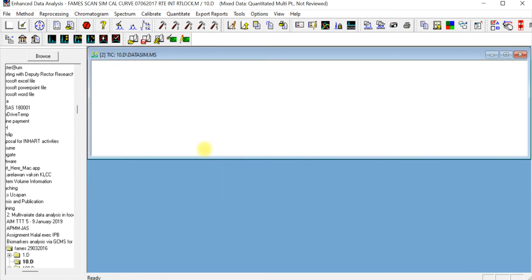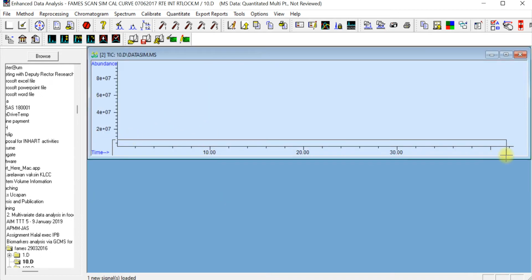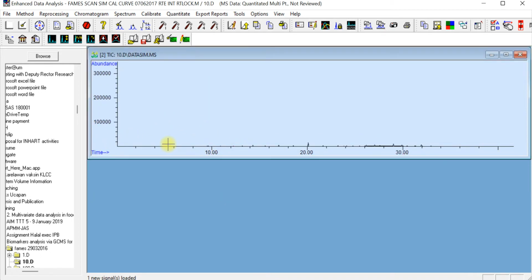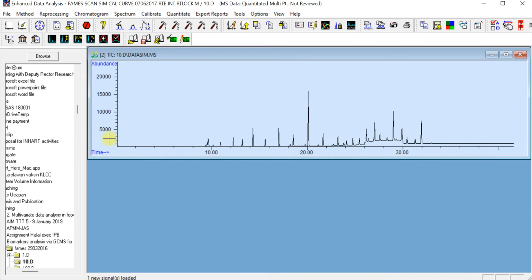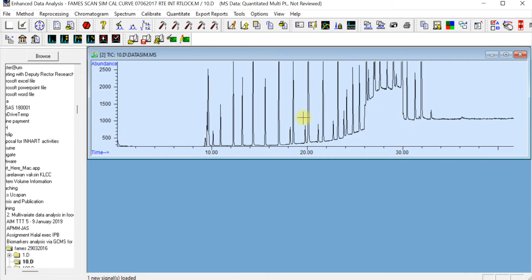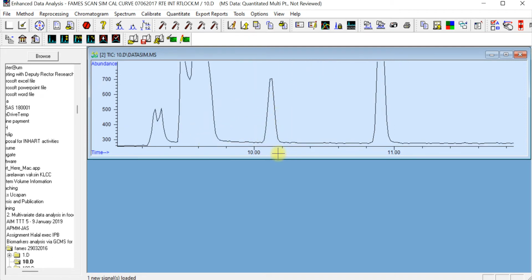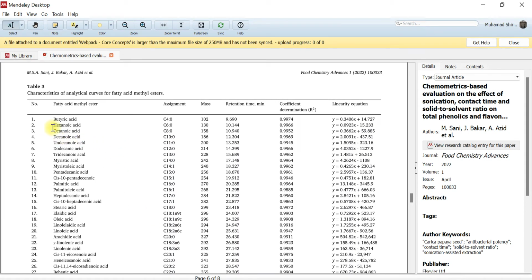Okay, so this one I can zoom. Actually there are 37 compounds here. For example, I would like to quantitate one compound at around 10.1 minutes. This actually belongs to one compound named hexanoic acid.